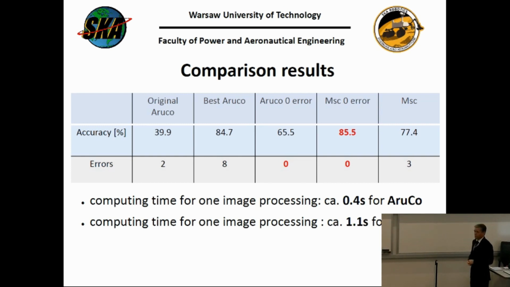The overall accuracy was about 85% with zero errors, but computing time was quite bigger for my algorithm than for Aruco, but I think that these values are still acceptable for such systems. And I think that my algorithm will work better because I did some observation of characteristics of the markers I detected.